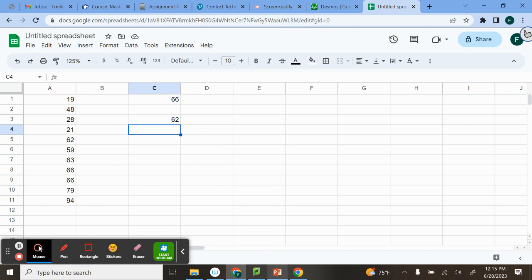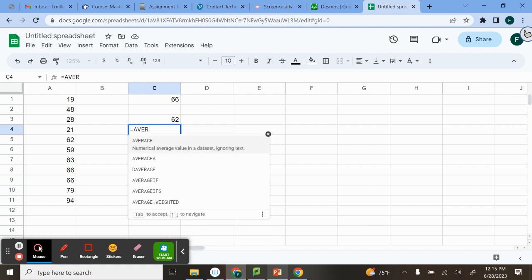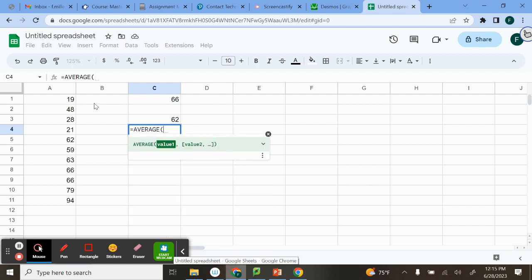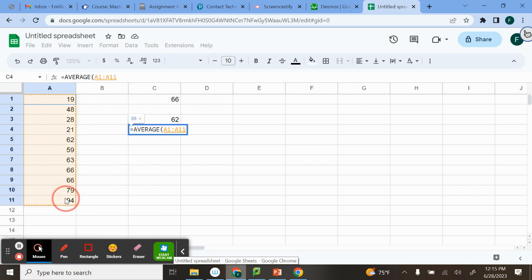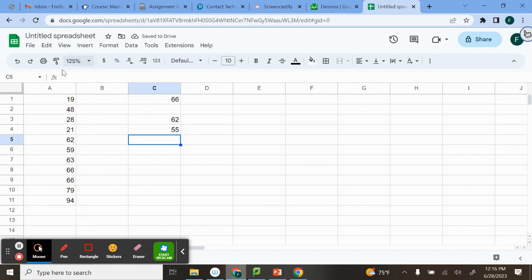Okay, that's fine. And then you can also do equals, and for Google Sheets it's going to be average instead of mean. So you enter it and you get 55. I don't know how I typed those out of order. Okay, I'm sorry about that.